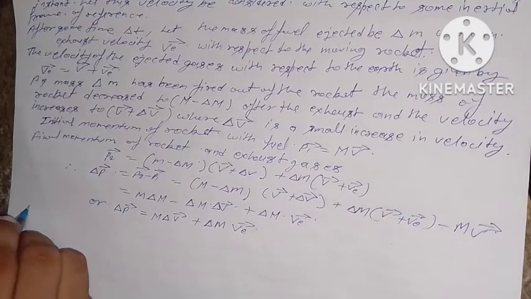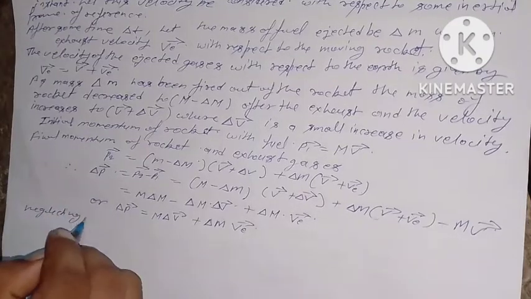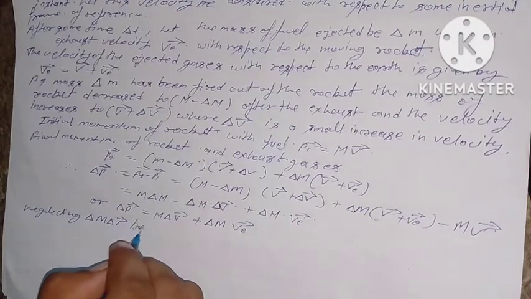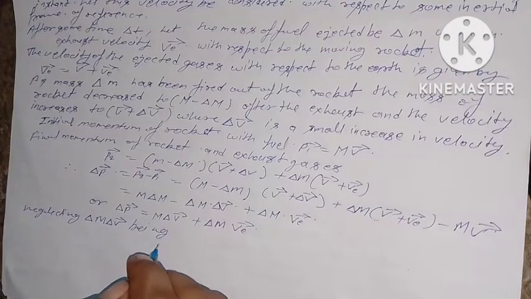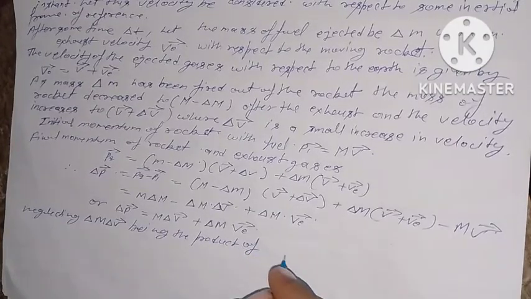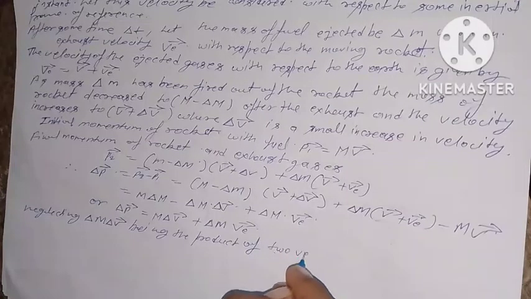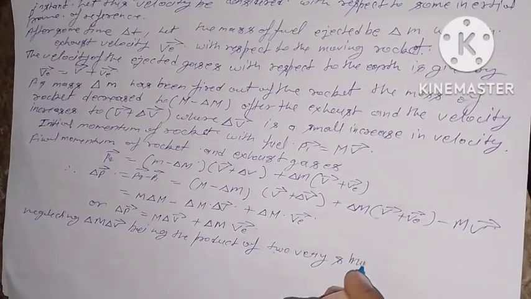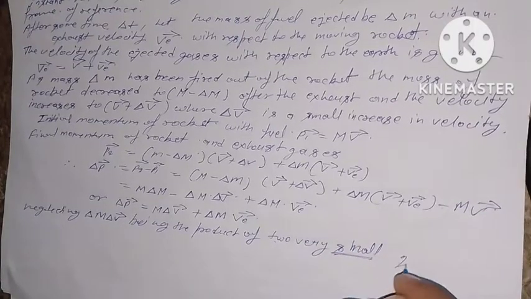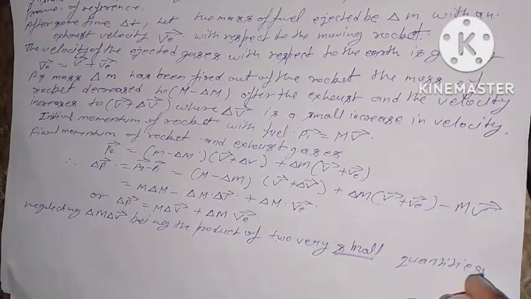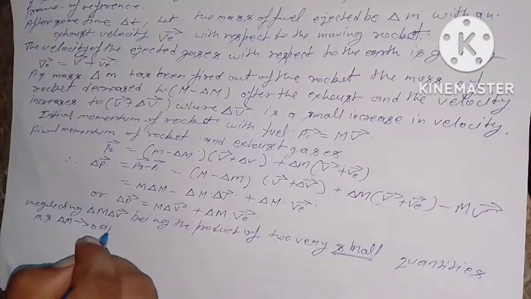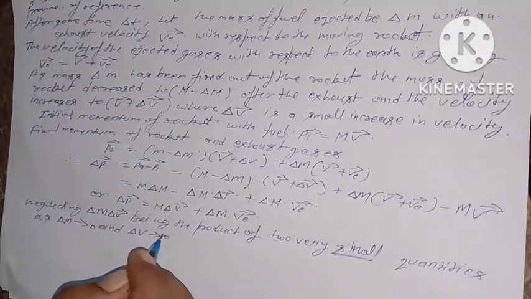I'm neglecting delta M delta V vector, being the product of two very small quantities as delta M tends to 0 and delta V tends to 0.